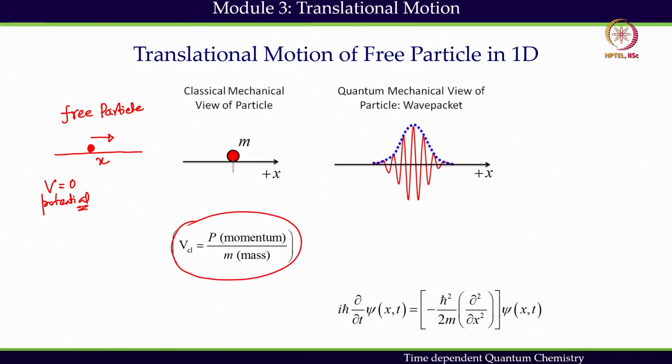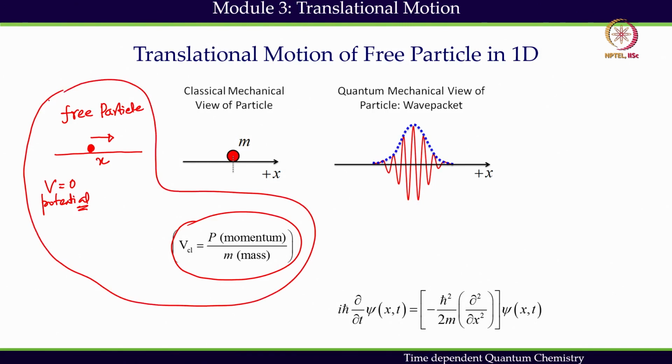But if I want to represent this classical idea, a free particle moving in one-dimensional space, in quantum mechanics, this problem needs to be described using the time-dependent Schrodinger equation, and we can write down the TDSE equals Hamiltonian operator, where the Hamiltonian operator for the free particle is going to be only the kinetic energy part.